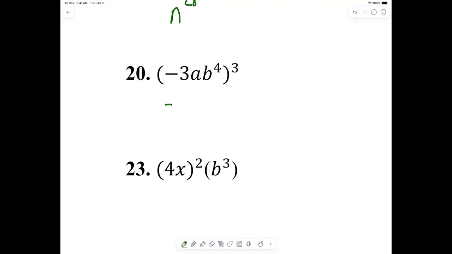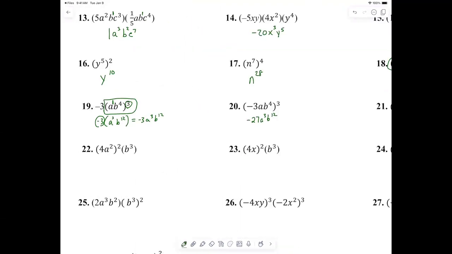That's 27. There you go. Don't be sorry. You're doing great. Negative 27, a to the third. Now you have to understand the difference. Negative 3 is inside the parentheses and outside the parentheses. If it's outside the parentheses, it's not being cubed.